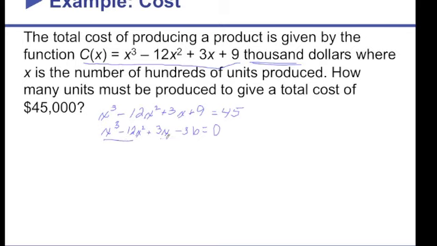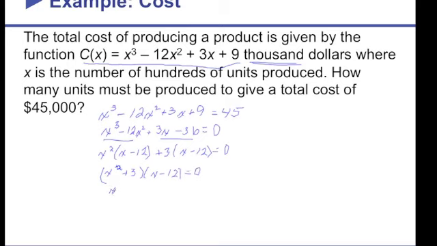Oh, maybe this will be grouping. There's an x squared there, and that'll leave me an x minus 12, plus 3 there will also give me an x minus 12 equals 0. So my two factors will be x squared plus 3 and x minus 12 equals 0.